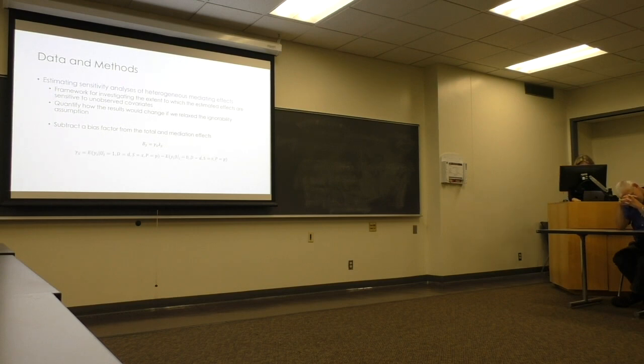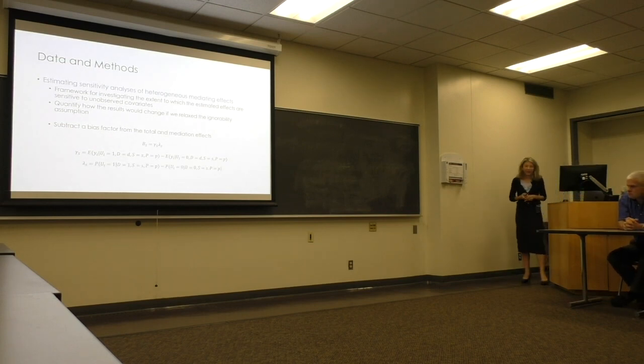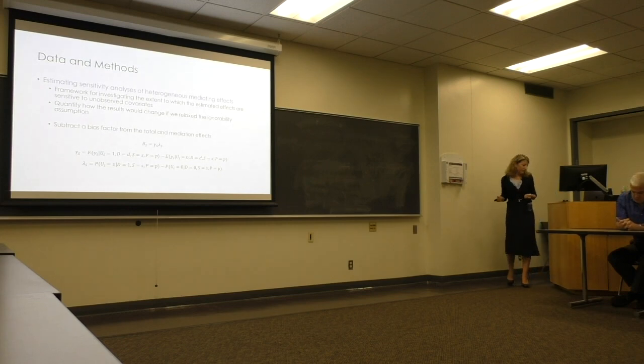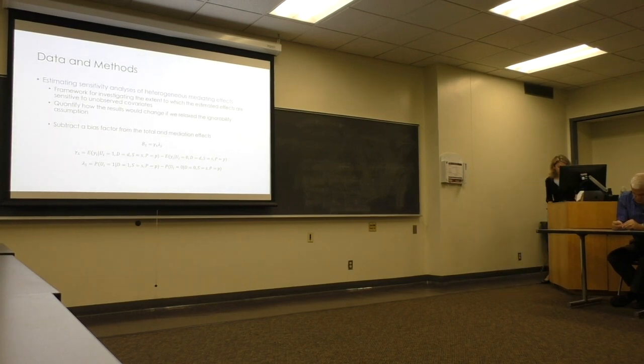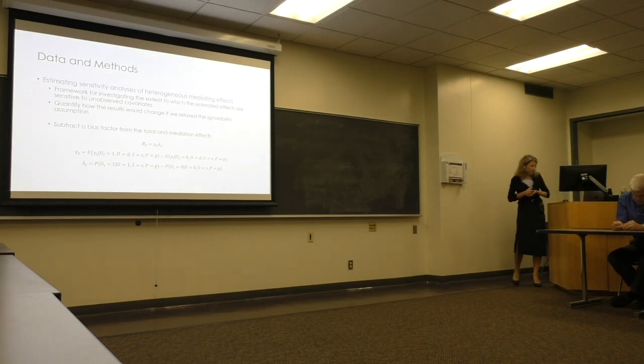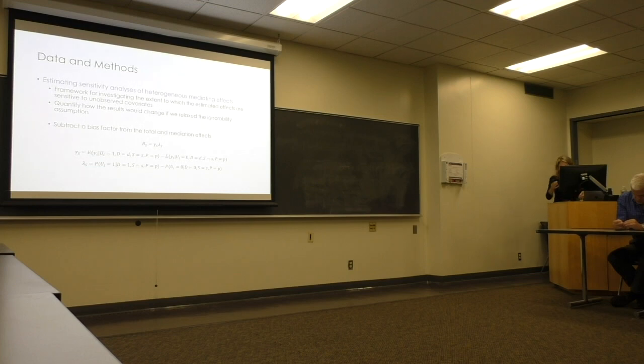That's equal to the product of two parameters. Gamma is the mean difference in children's outcomes associated with a unit change in an unobserved binary confounder. So this is like the U to Y path. And then lambda is the proportionate difference in the unobserved confounder between the children of divorced and non-divorced parents, so U to D.